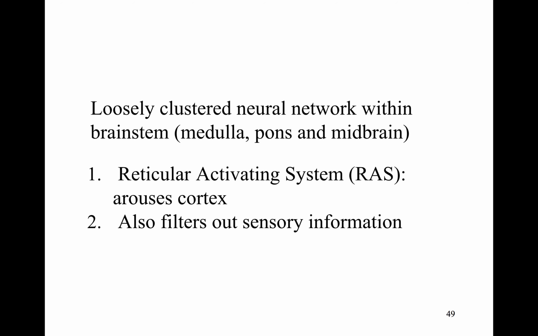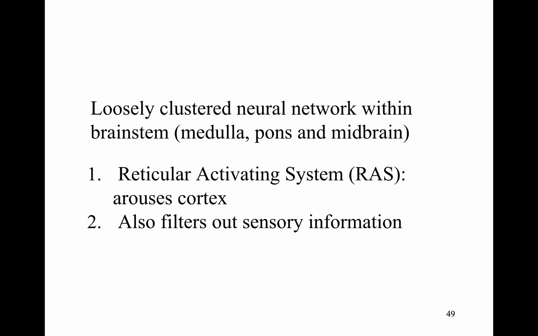This is extremely important because if this filtering didn't occur, we would essentially be driven crazy by sensory overload. So only the most important information is delivered to the cerebral cortex.